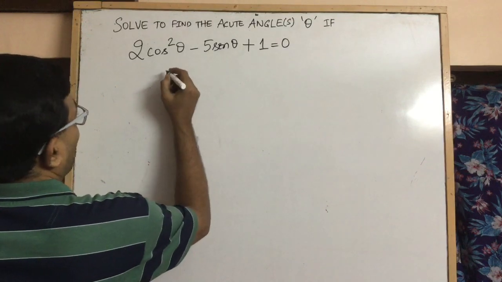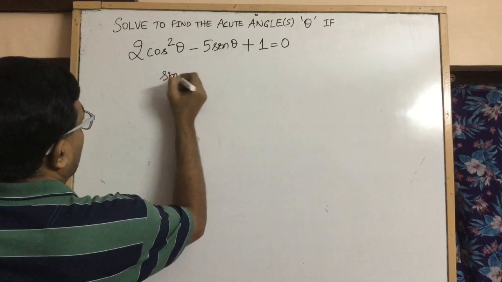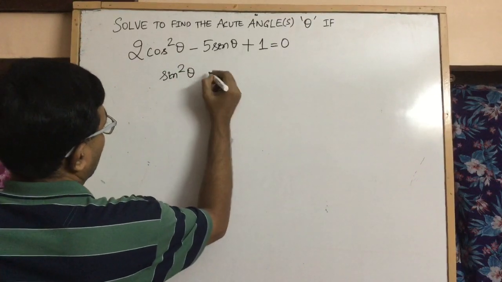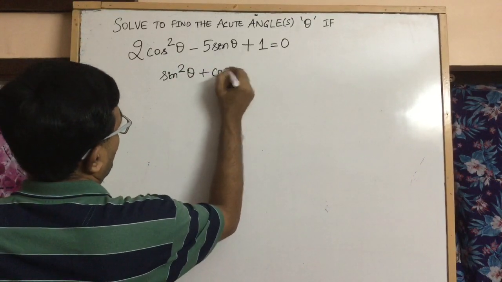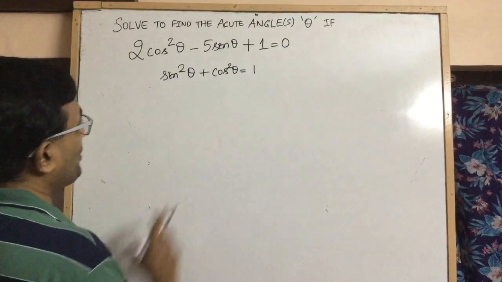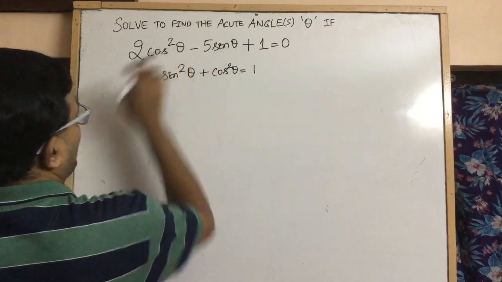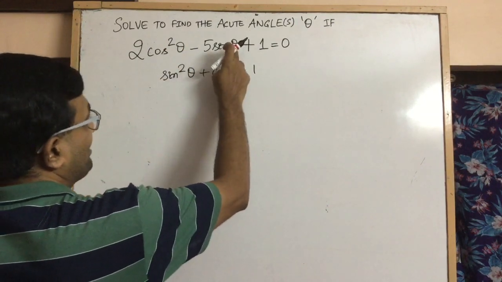So the fundamental properties of trigonometry indicate that sin squared theta plus cos squared theta is equal to 1. So we are going to replace cos squared theta with 1 minus sin squared theta, because already we have sin theta here.